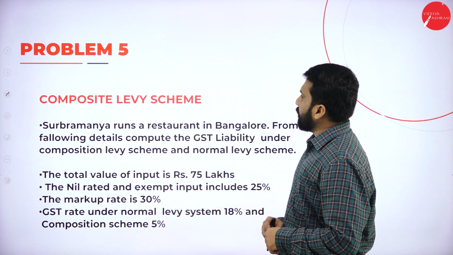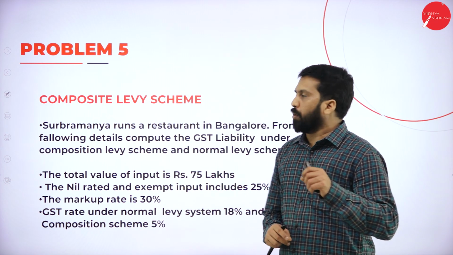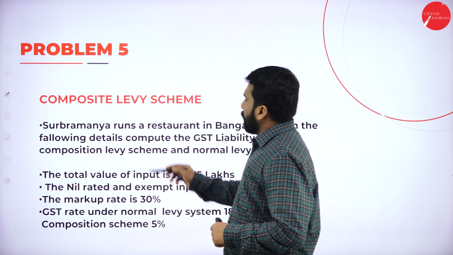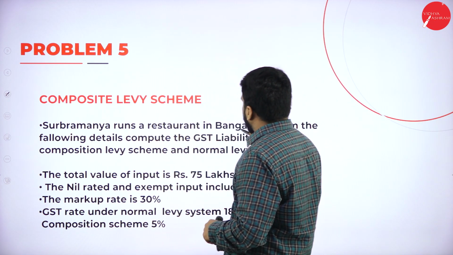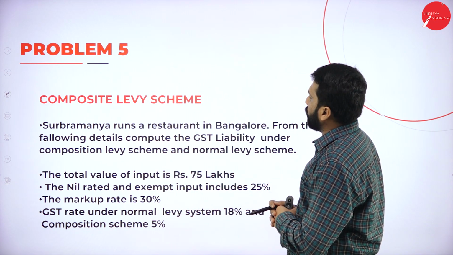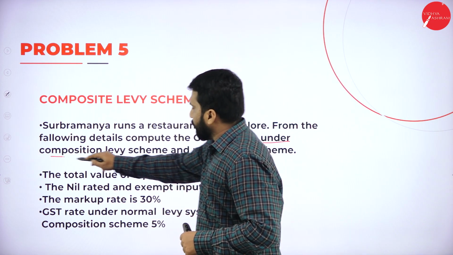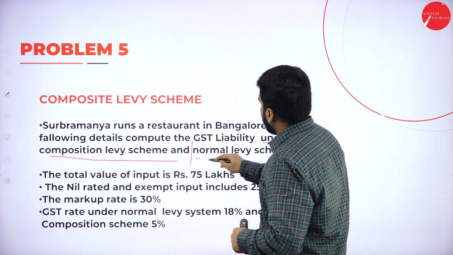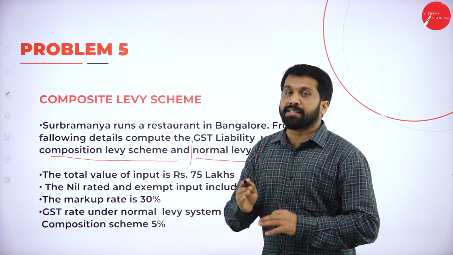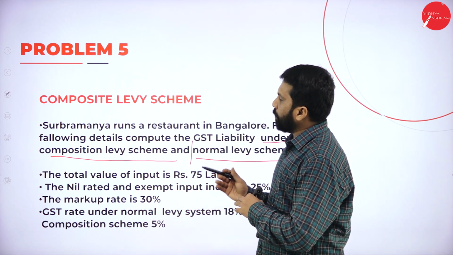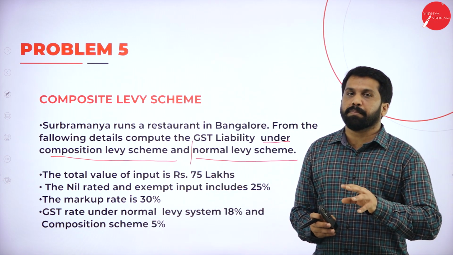Next one, composite levy scheme. We'll do one problem now in this. Subramania runs a restaurant in Bangalore. From the following details, compute the GST liability under the composition levy scheme and the normal levy scheme. Both we are supposed to do. Now, we have to see which one is better.